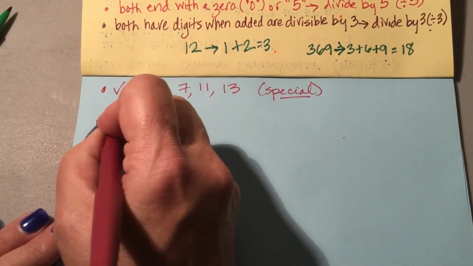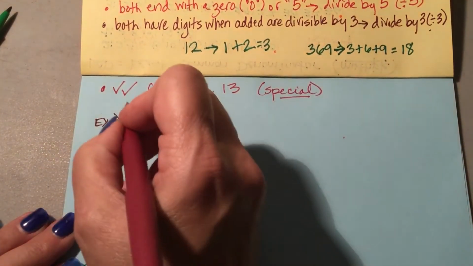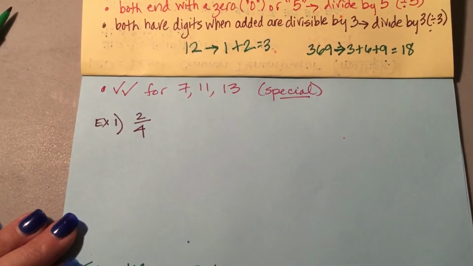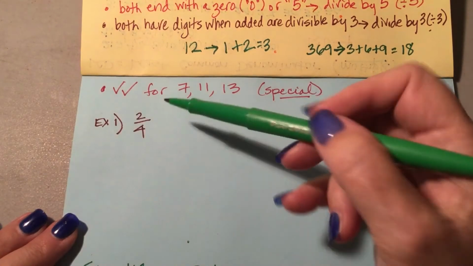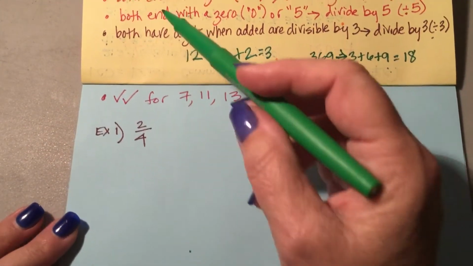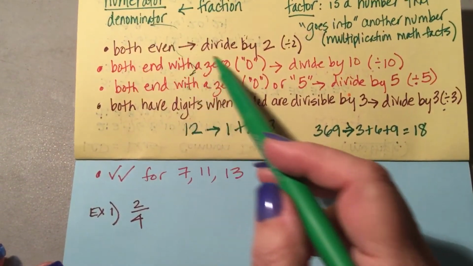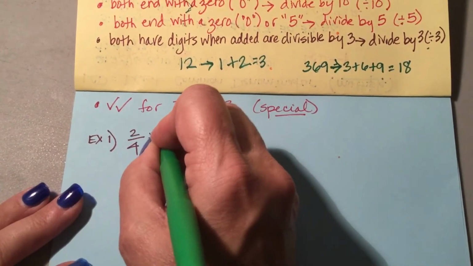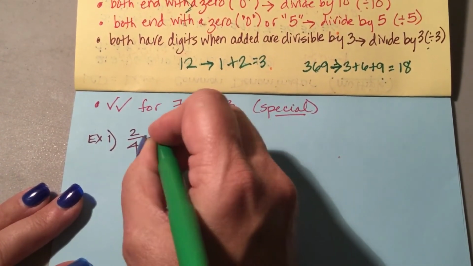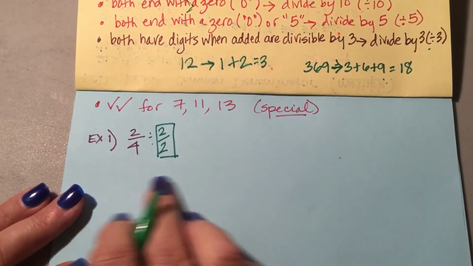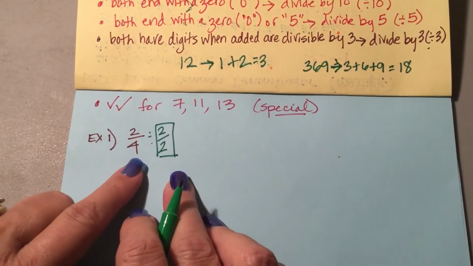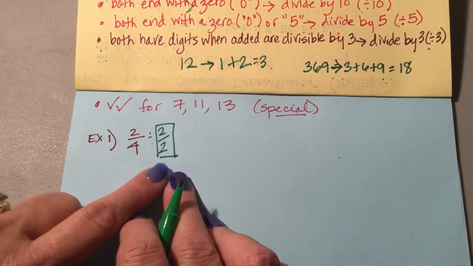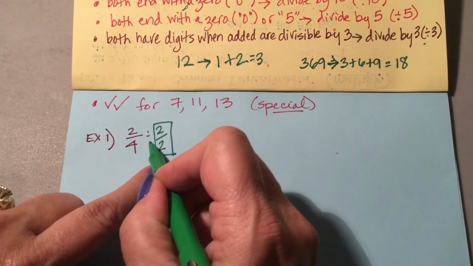So let's go with example number 1. 2 over 4, okay? So we know according to our rules, both of these are even, right? So remember our rule up here, if they're both even, divide by 2. So let's divide both of these by 2. Now remember, if we wanted to have the exact same value, the only thing we can do is multiply by 1 or divide by 1, because it doesn't do anything to the number.